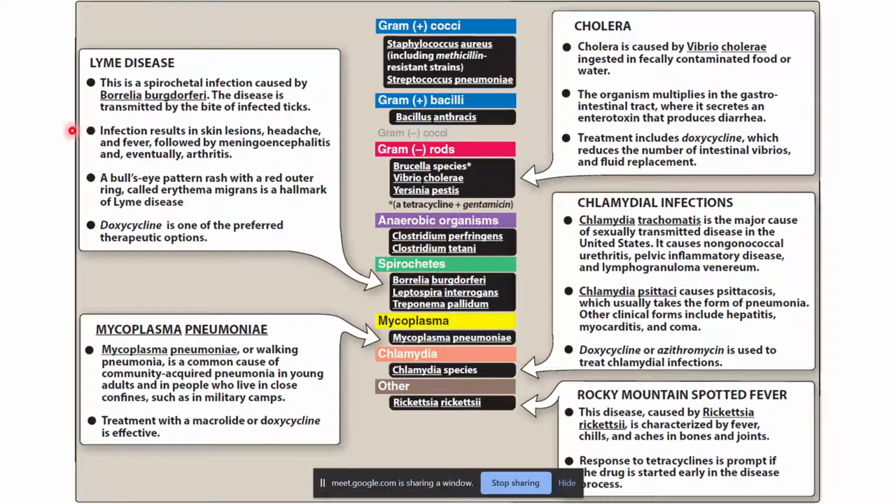Lyme disease is not common in Russia, but is common in many southern countries, and the bacterium is Borrelia burgdorferi, transmitted by the bite of ticks. Usually that infection is transmitted outside when camping in the forest, and the infection has a specific bull's-eye pattern.